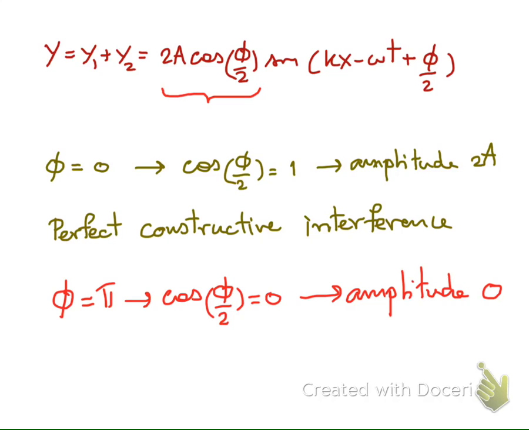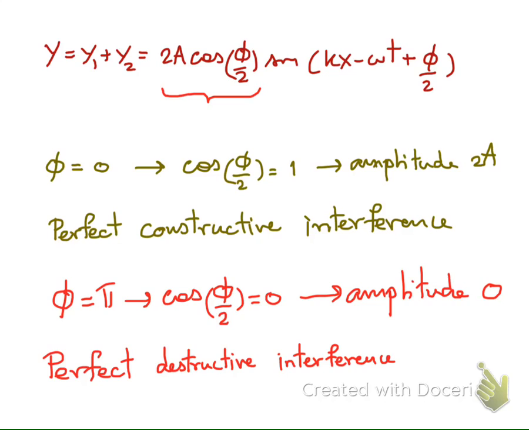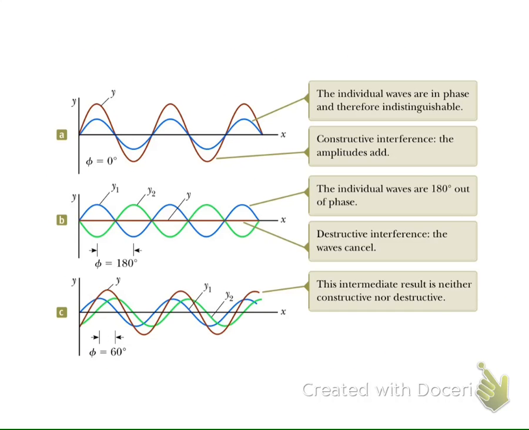And we call this situation the perfect destructive interference, and we can have the situation like in this second figure.